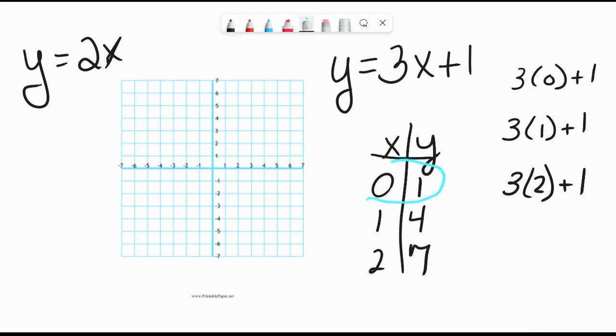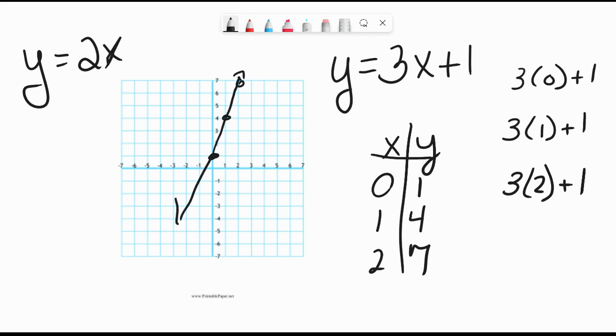Now, when we look here, across from the 0 is a 1. That should automatically be telling you that it's not proportional. When I graph this, I have 0, 1, 1, 4, and 2, 7.